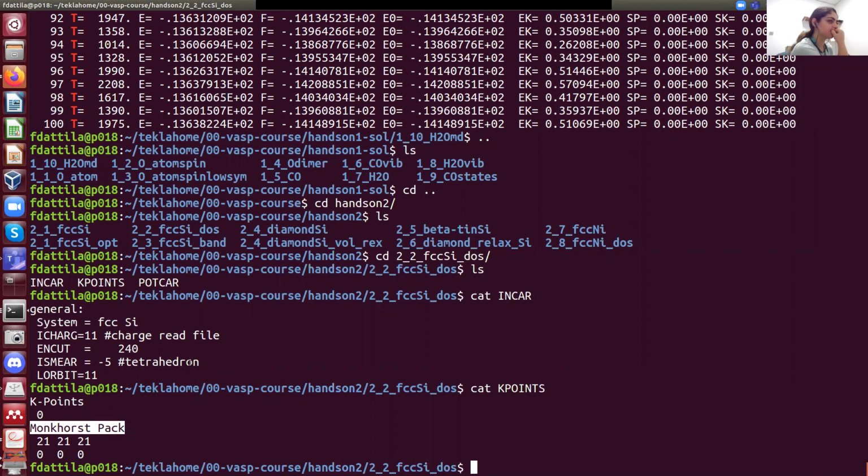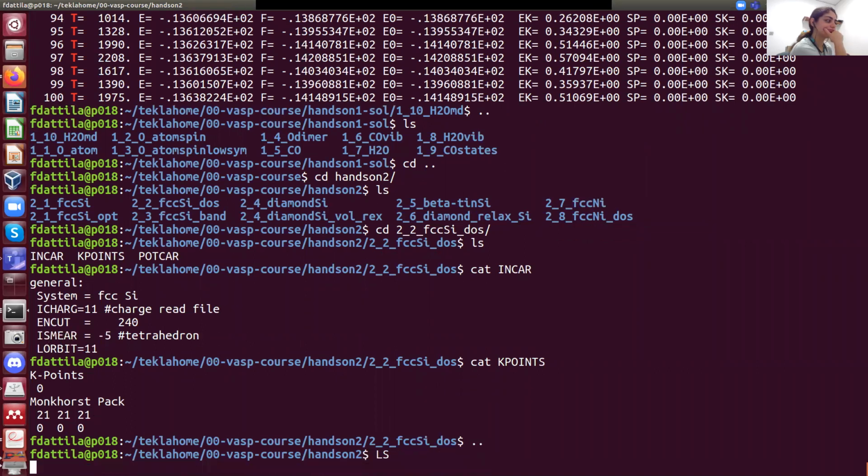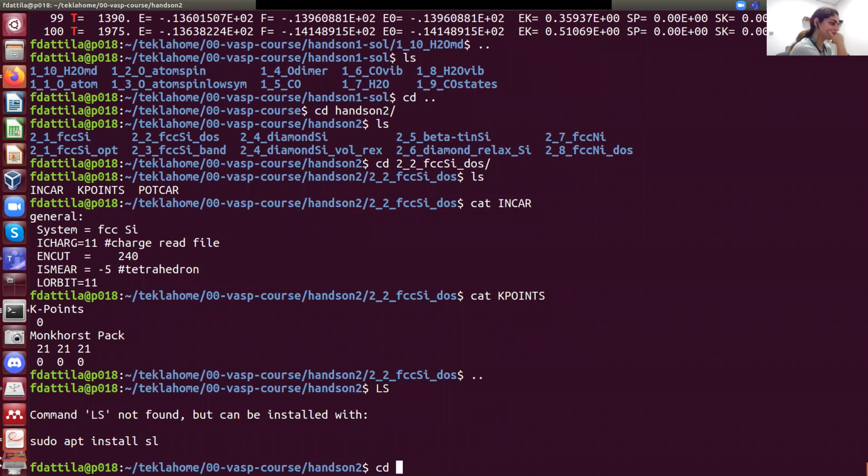But if you want to speed it up, you use this tetrahedron method that, since it takes an interpolation, will make everything faster. But you do that just because you have a huge number of k-points.